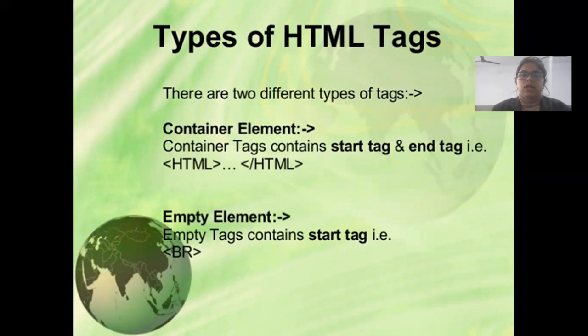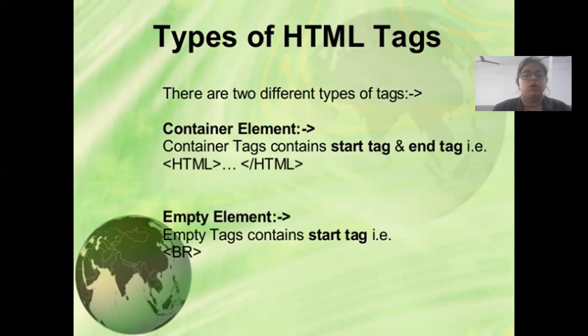Now let's learn how many types of tags there are. Tags are actually of different types. Right now in our syllabus we have two: container and empty. Container tags are the ones that contain something, right? You can take this example and learn it. Container tags need starting and ending, or you can say they need opening and closing.